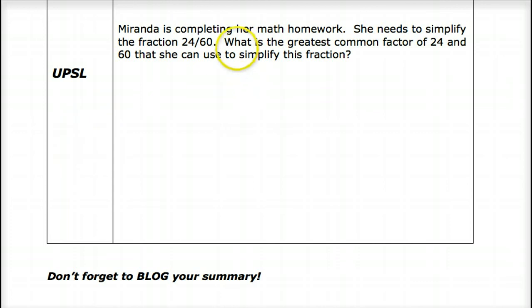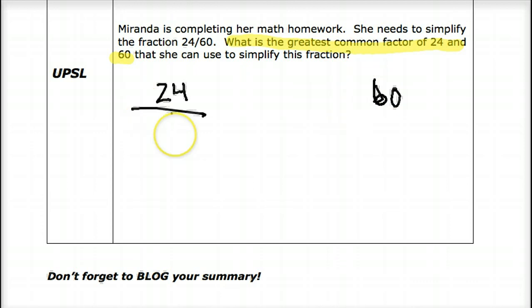So first we identify our question. What is the greatest common factor of 24 and 60? So we know that we immediately need to go ahead and list 24 and 60 so that we can put it into a T-chart.